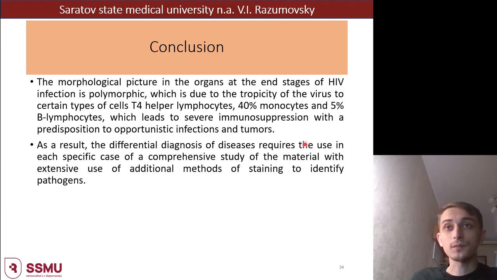As a result, the differential diagnosis of the disease requires, in each specific case, a complex study of the material with extensive use of additional methods of staining or some immunological methods of examination to identify the pathogen.